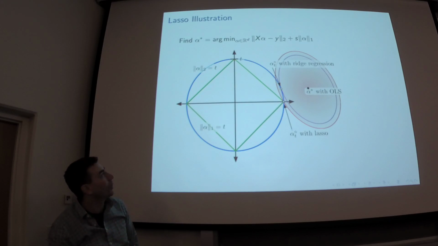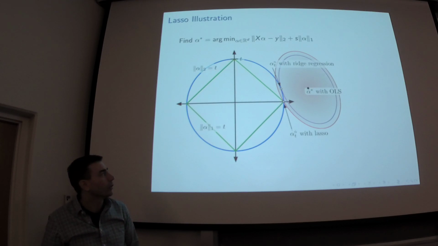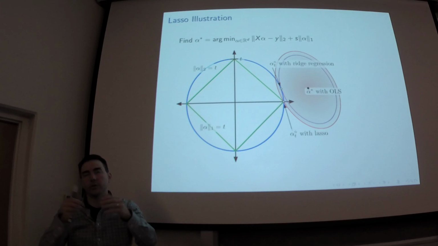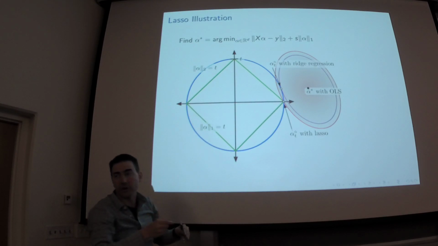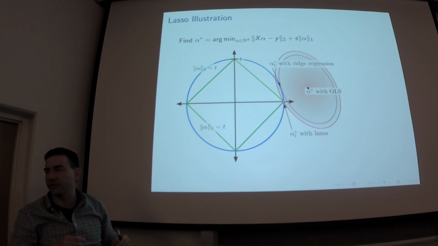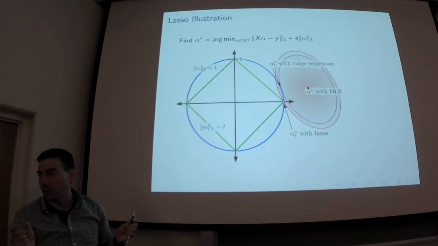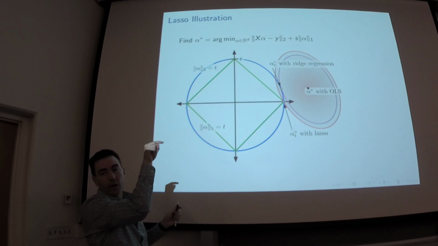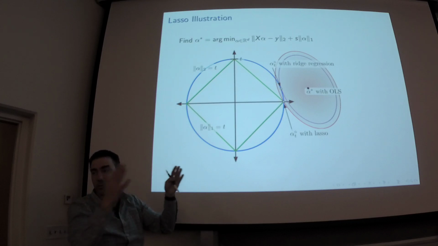If you have larger coordinates, the alpha 1 coordinate, say the x-axis here, corresponds with the first column of x. If those column values are larger, then by moving a smaller amount in the alpha 1 direction, I'm going to change the cost function more.